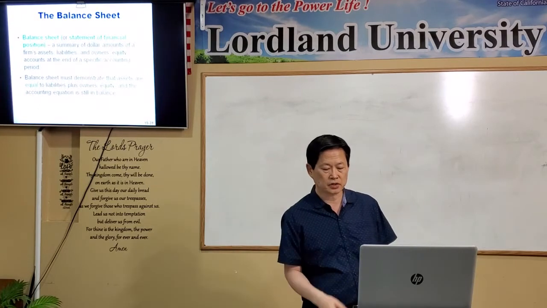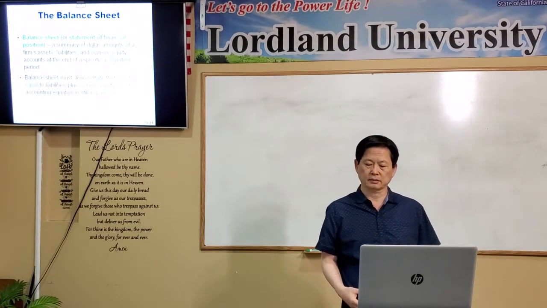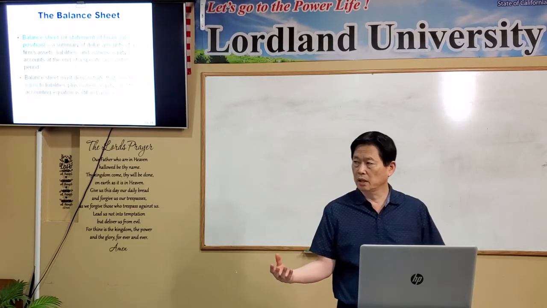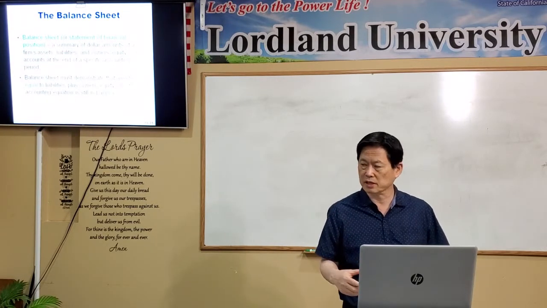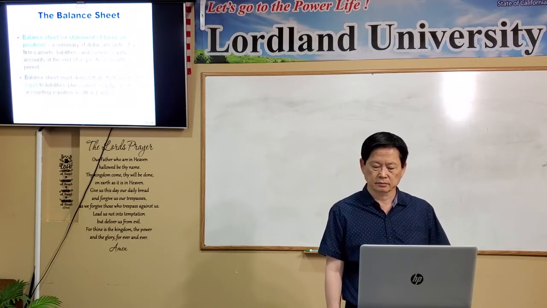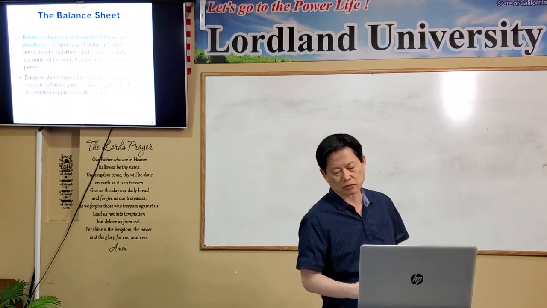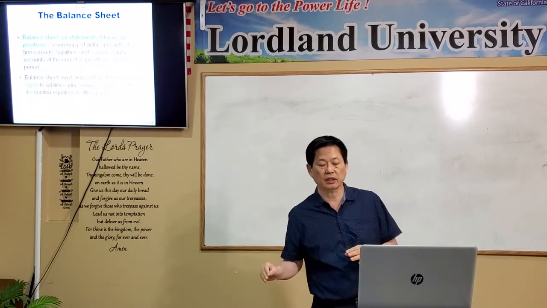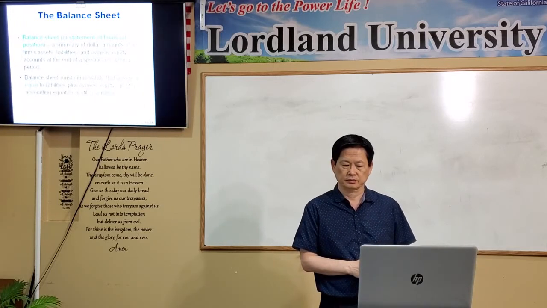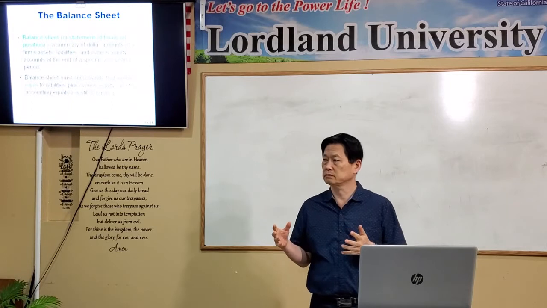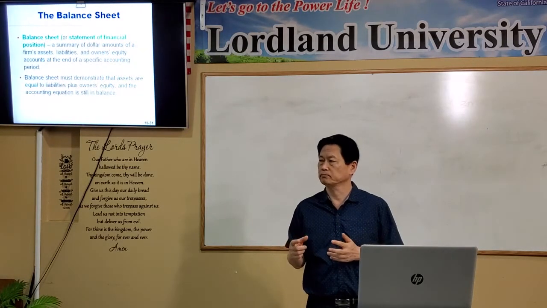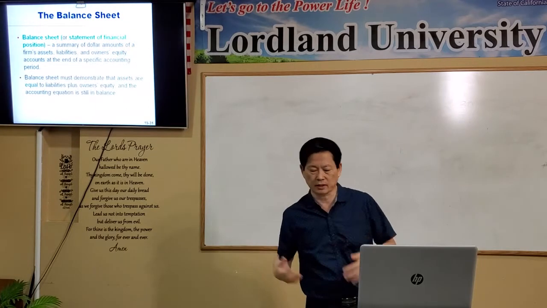The balance sheet must demonstrate that assets are equal to liability balances plus owner's equity balances, and that the accounting equation is still in balance. The balance of assets equals the balance of liabilities and equity.